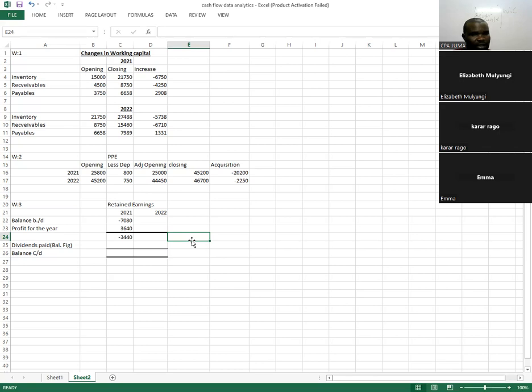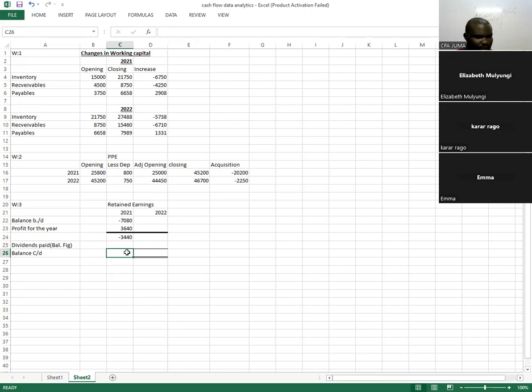Wait a bit. Then closing now is the profit in 2021.